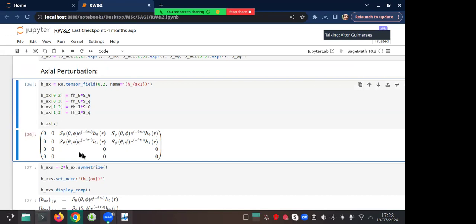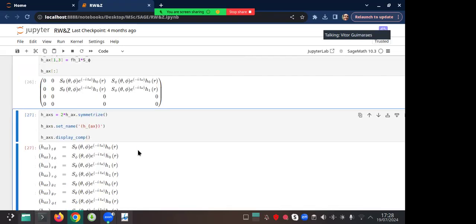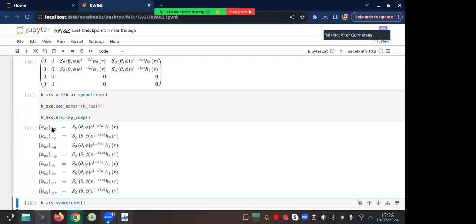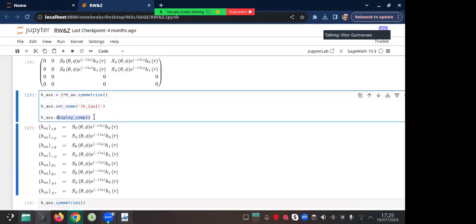Okay, this is part of what we did today. Remember that we constructed the matrix, and now all I need to do is symmetrize. Apply this function which symmetrizes the metric in such a way that the components become, so t theta is equal to theta t, and so on and so forth. Let me see if I can show you the matrix form.